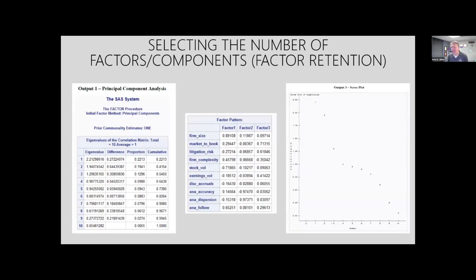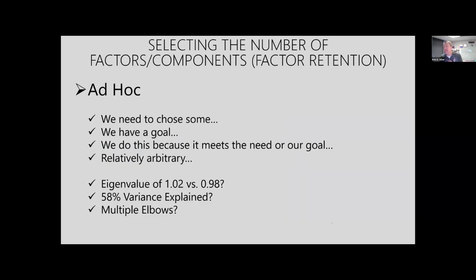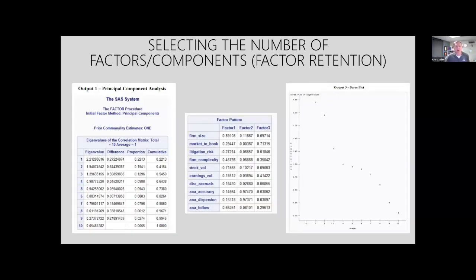So take a look at this data. This is what I told you we're going to do. We're trying to look at this idea of information environment. We take all of these variables: firm size, market to book, litigation risk, firm complexity, stock volatility, earnings volatility, discretionary accruals, analyst accuracy, analyst dispersion, number of analysts following the firm.